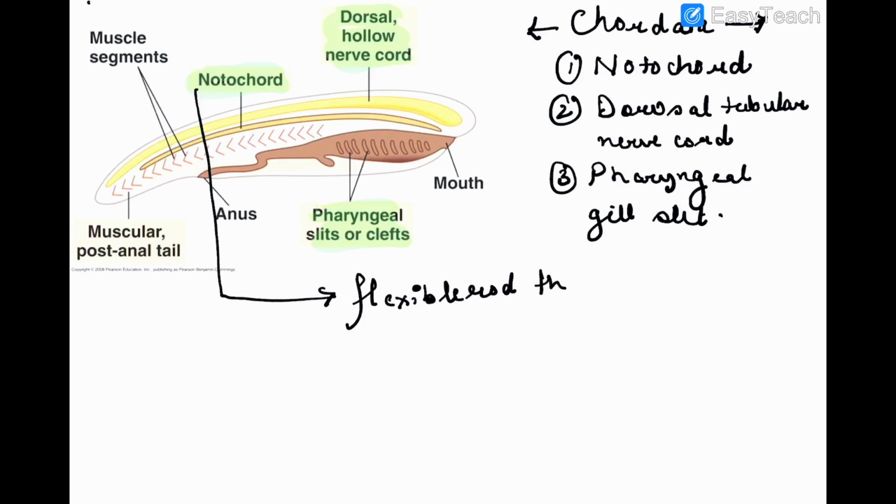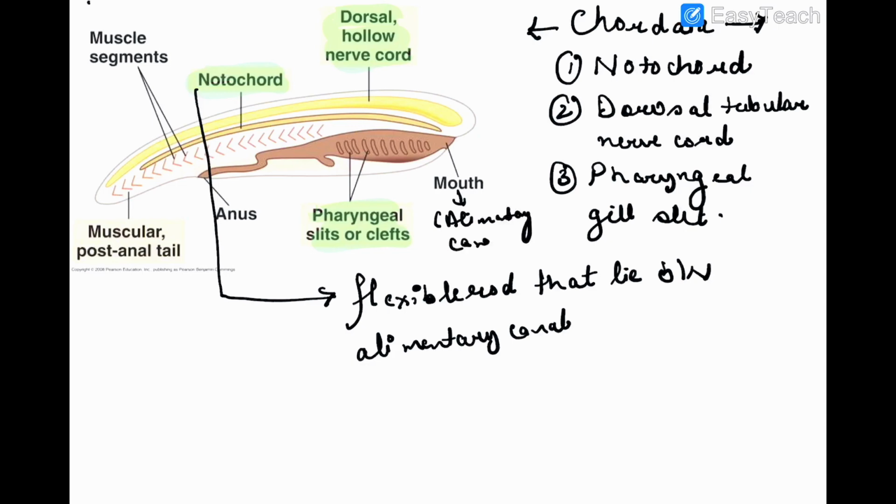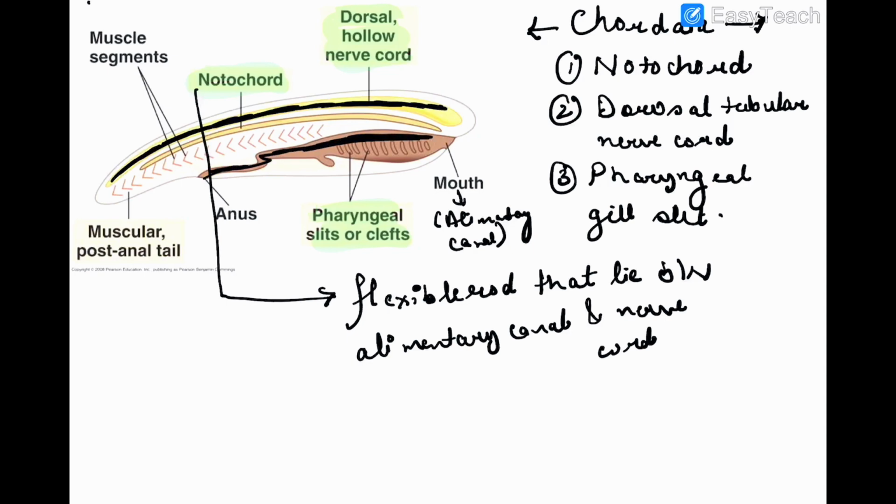flexible rod that lies between, as you can see, the alimentary canal. This is the mouth, which means this is the alimentary canal, and the nerve cord. This is the nerve cord which I am shading in black, and this is the alimentary canal, which I am also shading in black.